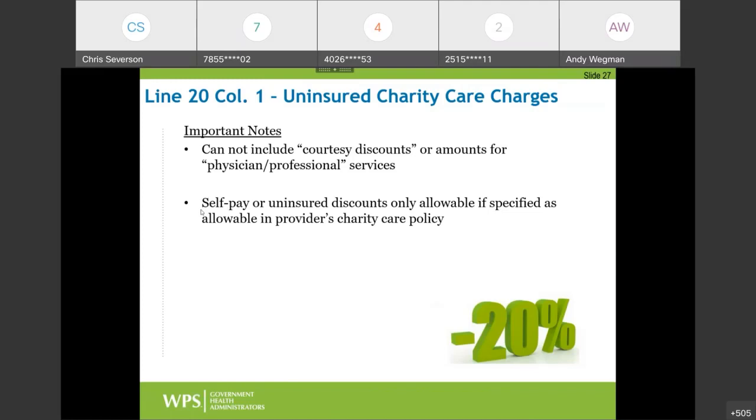The self-pay or uninsured discount is allowable as long as your policy allows it, but it's important to understand this is not an early pay discount. If you give some sort of discount when they pay their bill off within 10 days or 20 days, that's not allowable. Only the truly uninsured or self-pay discount would be allowable, and it has to be in your policy.